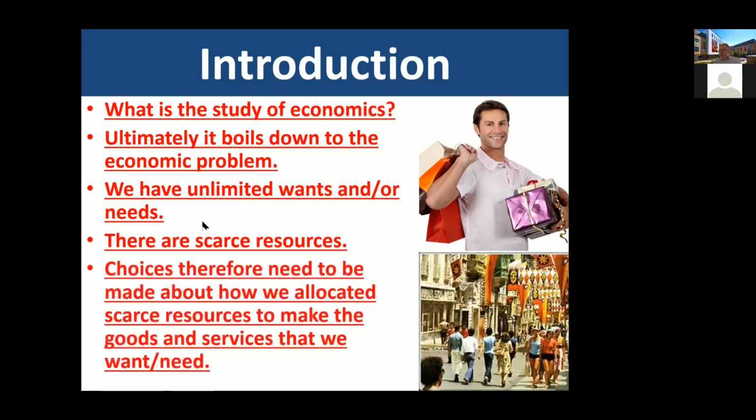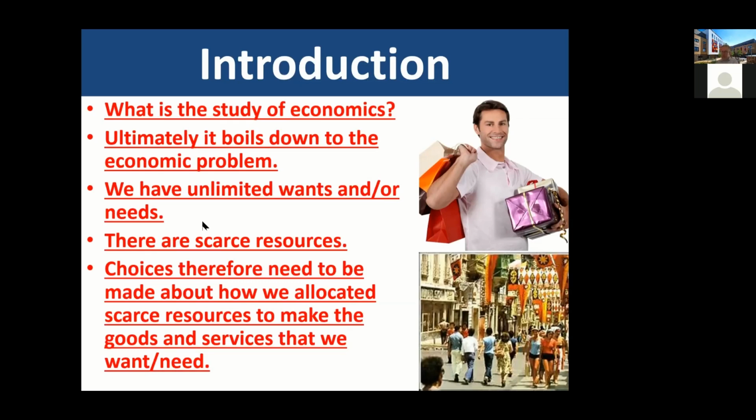And as a result, we need to make choices as a society how best to allocate these scarce resources to meet the goods and services. Choices need to be made about how we allocate these scarce resources to actually make the goods and services that we want and need. Now, there are different economic systems set up to determine how we allocate these scarce resources.